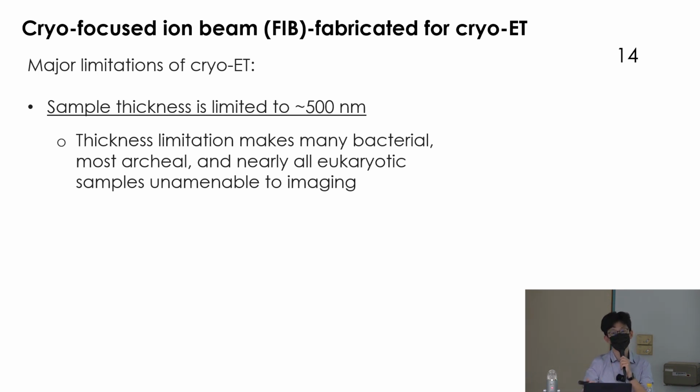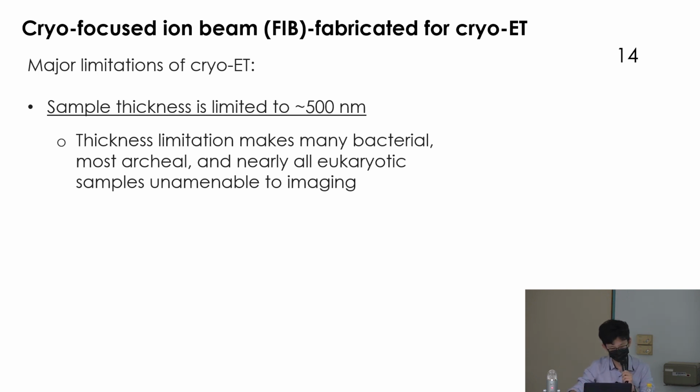Let's say you are working on a human cell, you may know the diameter, like 20 micrometers, but what is the thickness of your sample? In most cases, eukaryotic cells are much thicker than this so-called 500 nanometers. What should we do? We make it thinner, just thin enough to see what we want to see.